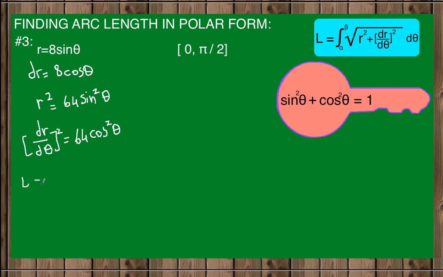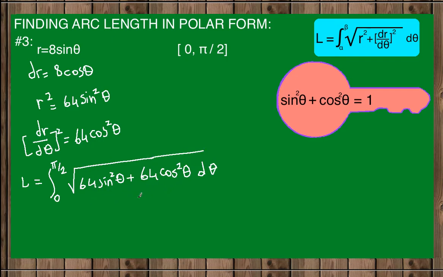So the arc length from alpha to beta, which is from 0 to pi over 2, is the integral of the square root of 64 sine squared theta, which is our radius squared, plus 64 cosine squared theta, d theta.